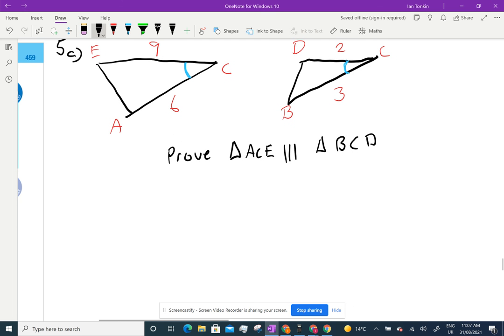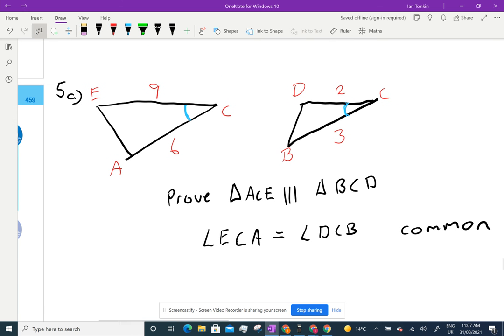Well, how are we going to do that? First of all, let's get rid of the common angle. Angle ECA equals angle DCB. Why? Because it's common. Now here's the hard part. These two triangles are orientated differently. But if you just go, oh, I've got the angle, now the two sides I'll just go the bigger one to the bigger one.